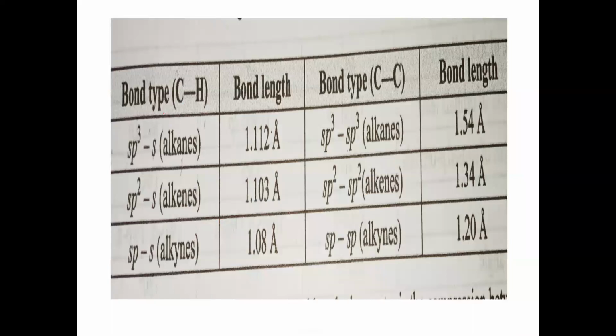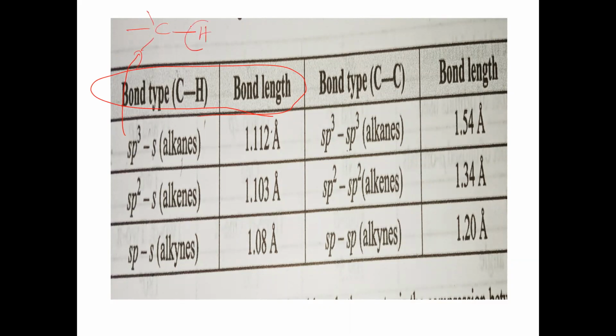Next you see bond type and bond length. First, which bond length have we taken? sp3 carbon versus s. In alkanes, the carbon will be sp3 carbon, bonded with the s orbital of hydrogen.